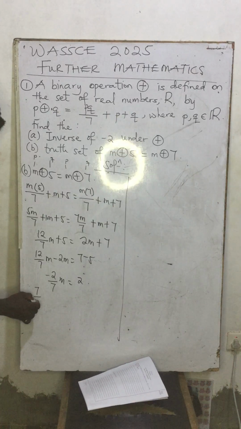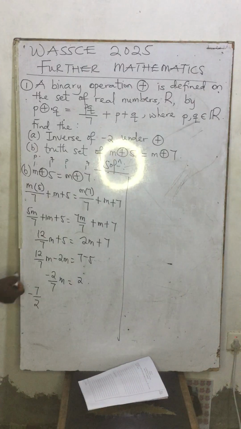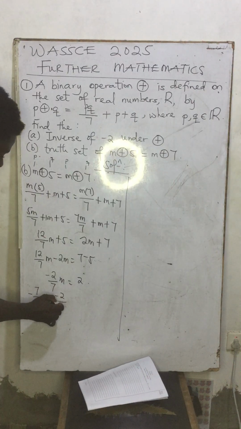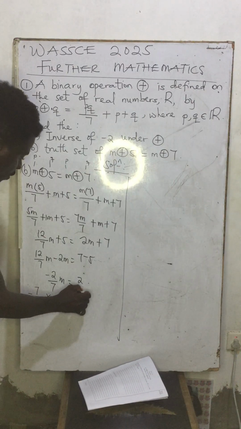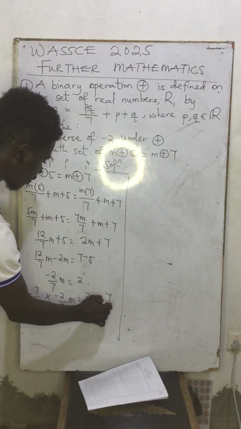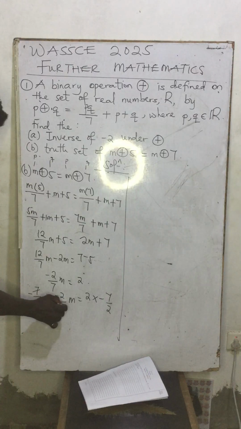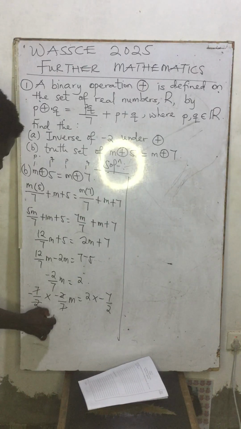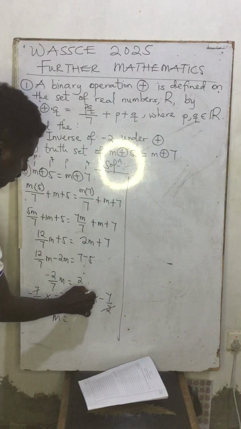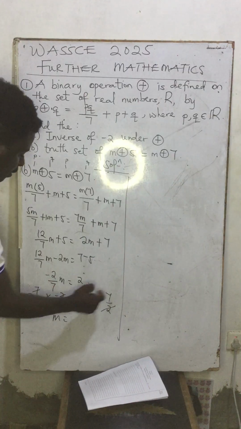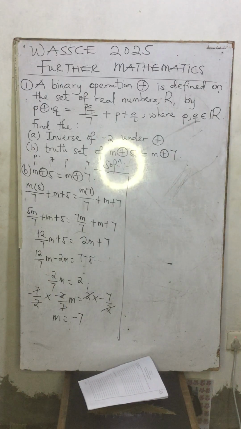So it will be 7 over -2 times -2 over 7 M is equal to 2 times -7 over 2. Negative times negative is positive. This one cancels, this one cancels. So we have M, which is equal to 2 cancels 2, which is 1. 1 times -7 is -7. So M is just -7.